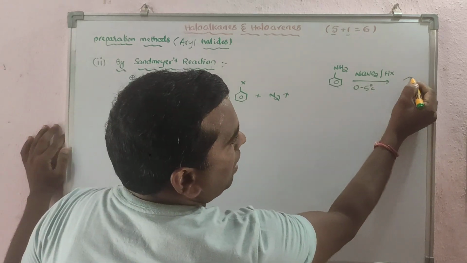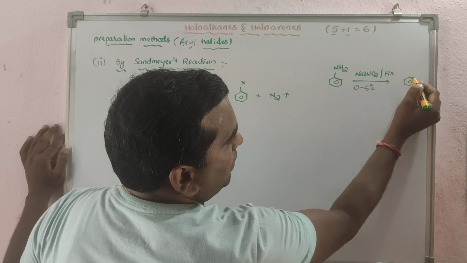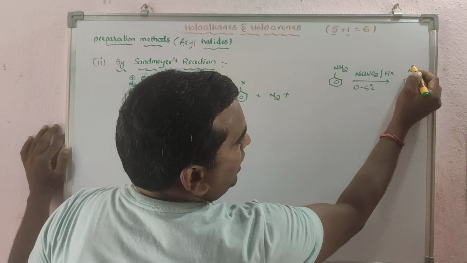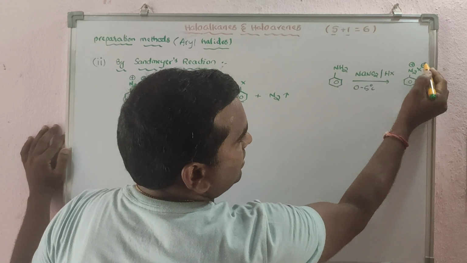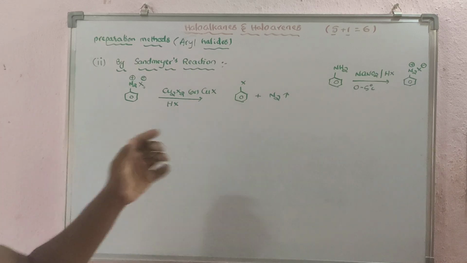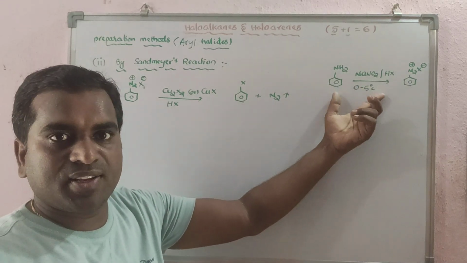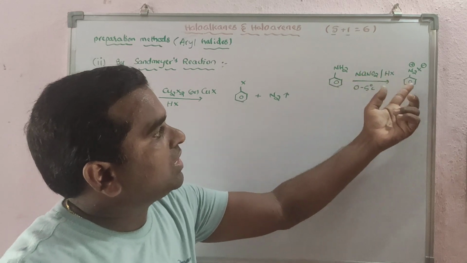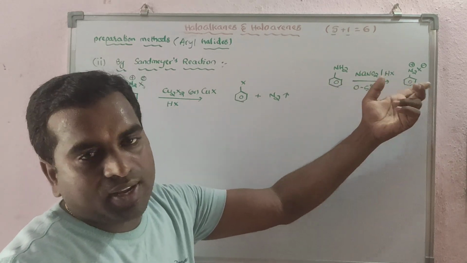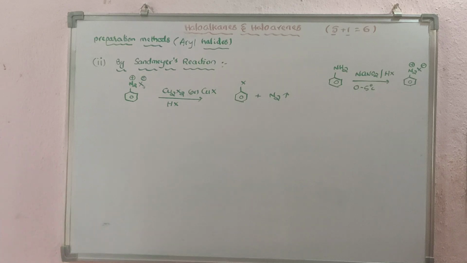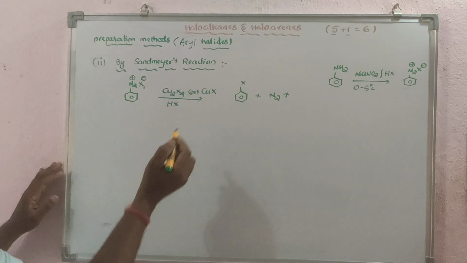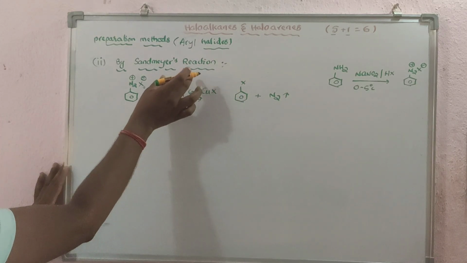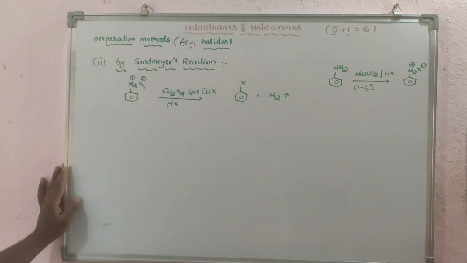Then you will get benzene diazonium halides. This is the compound. Very important. We will discuss again how to convert aniline into benzene diazonium chloride in the amines chapter. So remember that one. So this reaction we will call a Sandmeyer reaction.